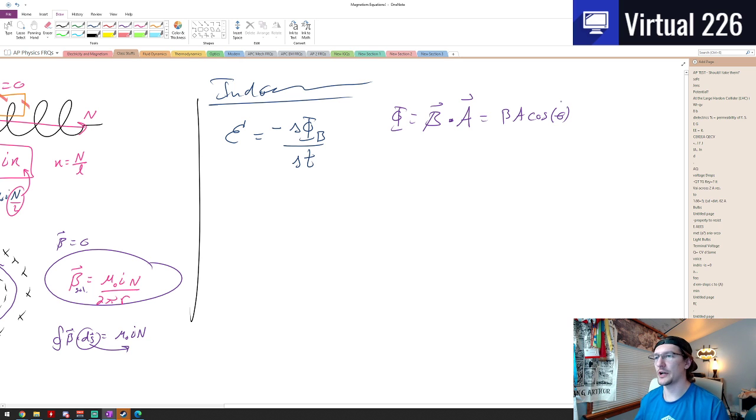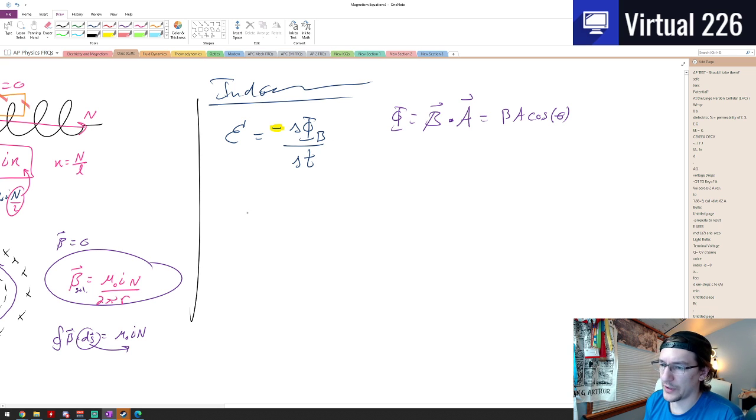So your B field could change, your area can change, or the cosine of theta can change, but remember, it's only what is within the field that matters. If you make your area larger than the B field itself, you're not gaining anything extra. This negative here is due to Lenz's law, which states that this EMF you're generating is opposite of the direction of the flow for the change in the flux.